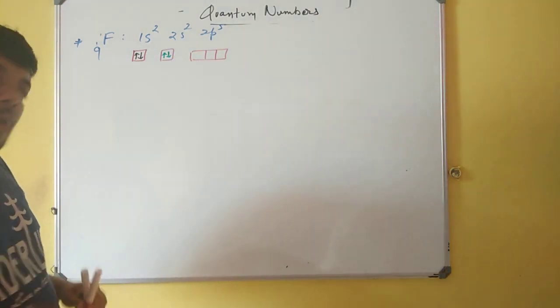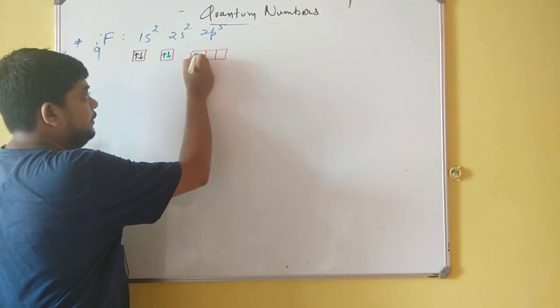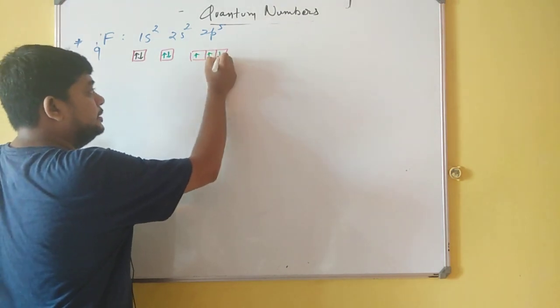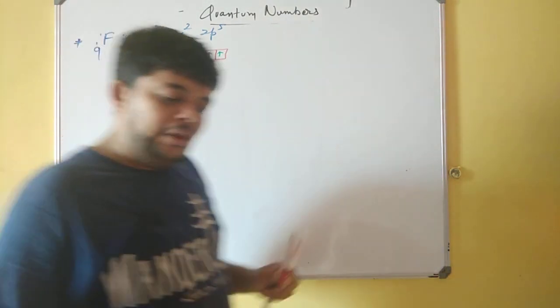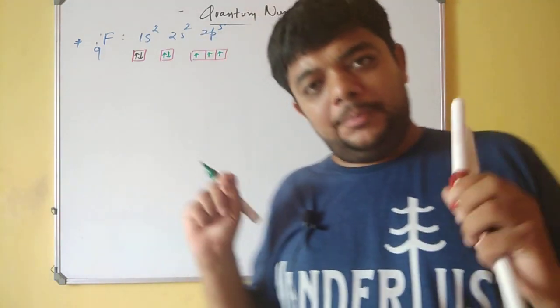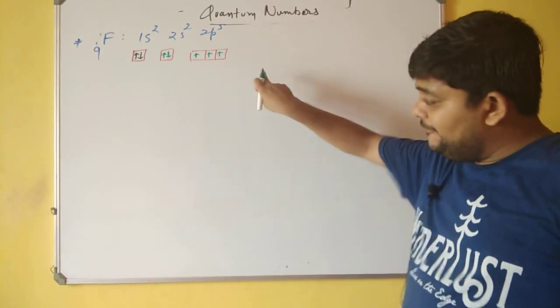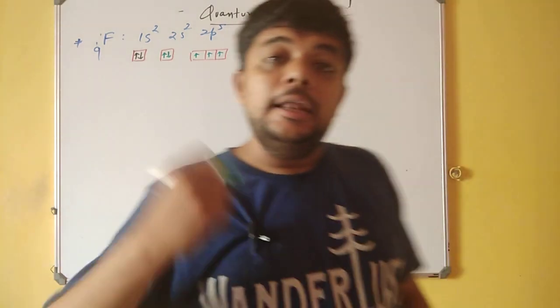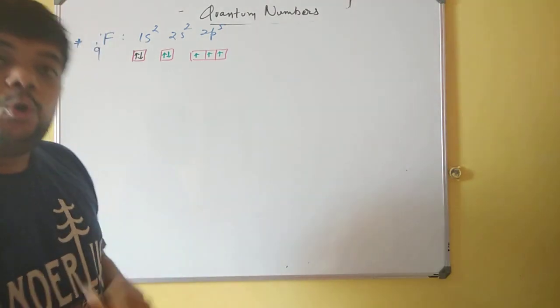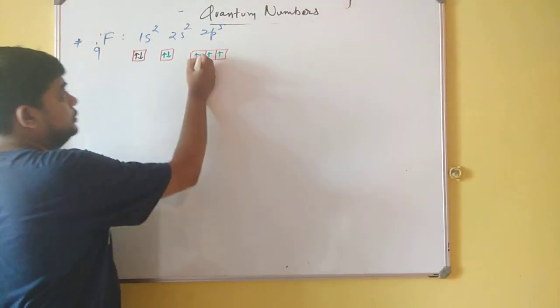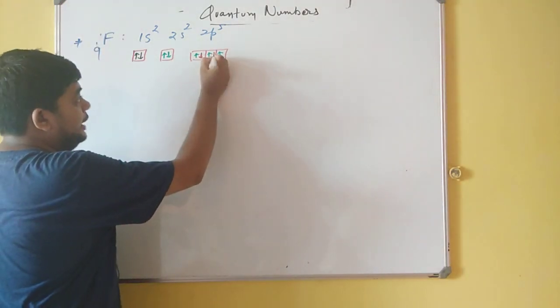Now comes this rule, that is 5th, 6th and 7th. Once all the orbitals in a subshell are half filled, then and only then could we go for pairing. So the 8th electron and the 9th electron.